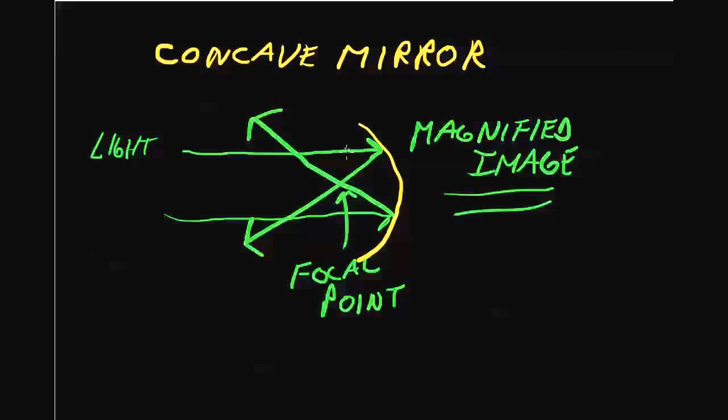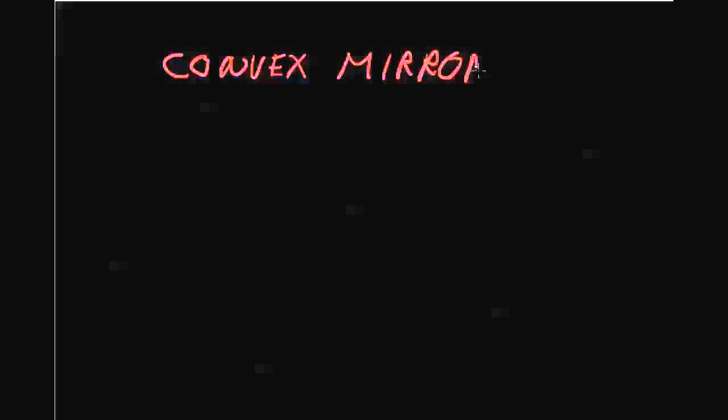And we'll move on to a convex mirror. A convex mirror is like the back of a spoon, if you will.